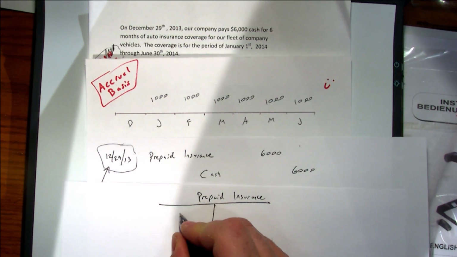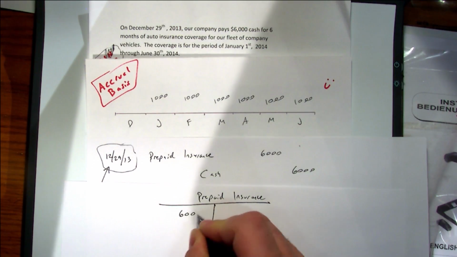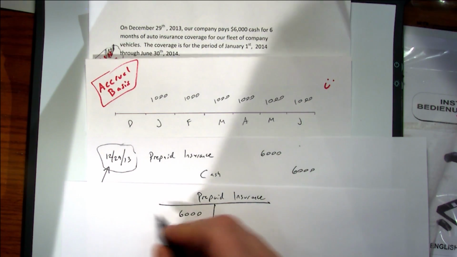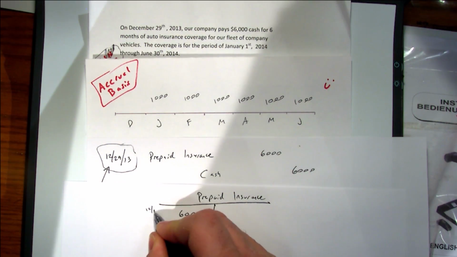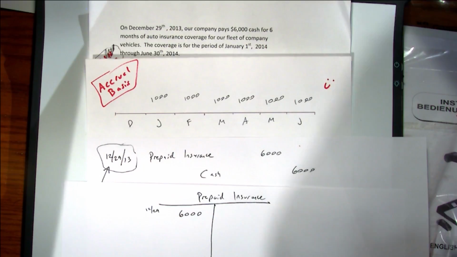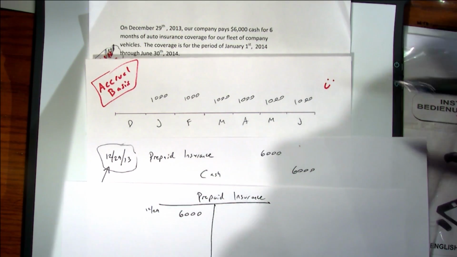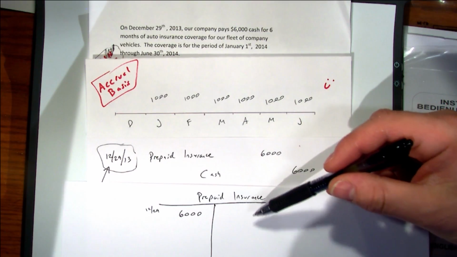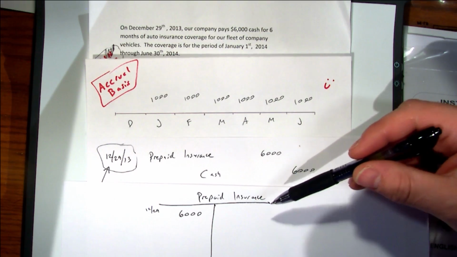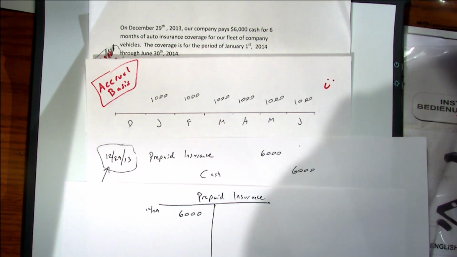Well, we would debit prepaid insurance for $6,000. Is that correct? I'll go ahead and put the date over here. I don't always do that, but would you agree? That is the journal entry we make, and we post that prepaid insurance has a $6,000 balance, correct?